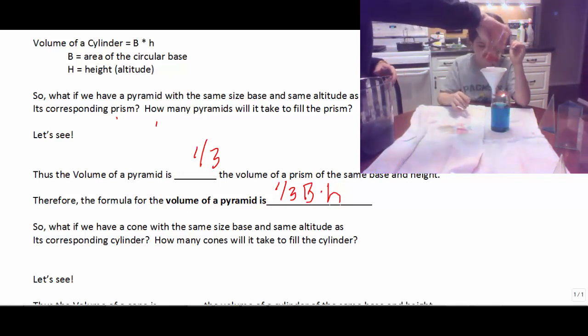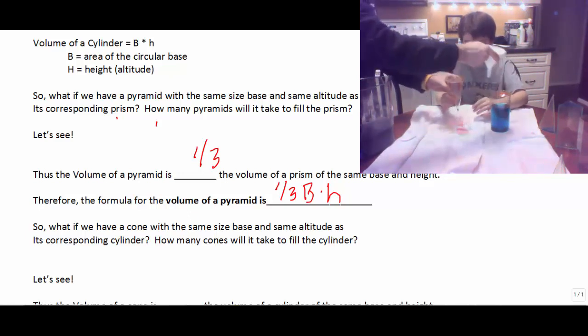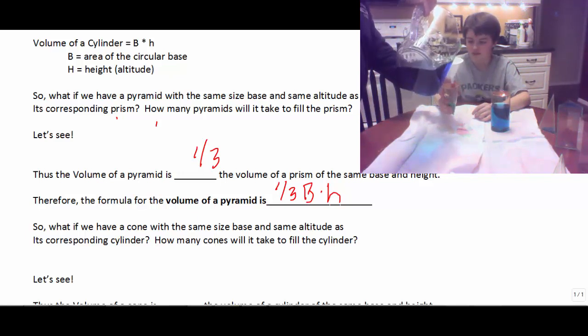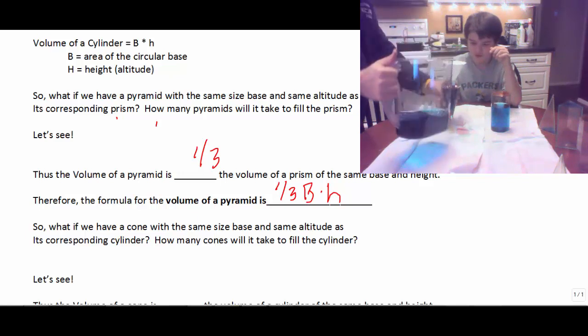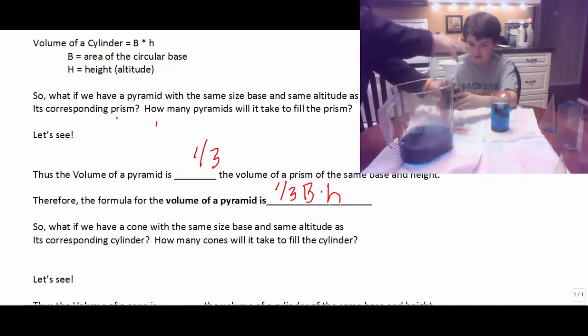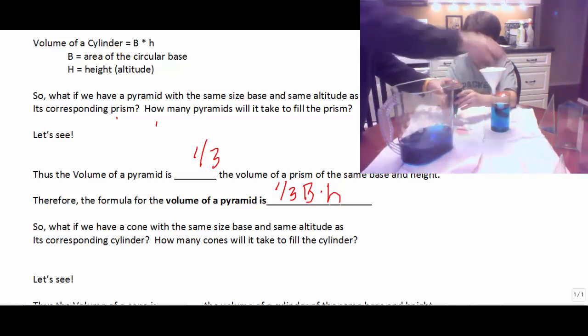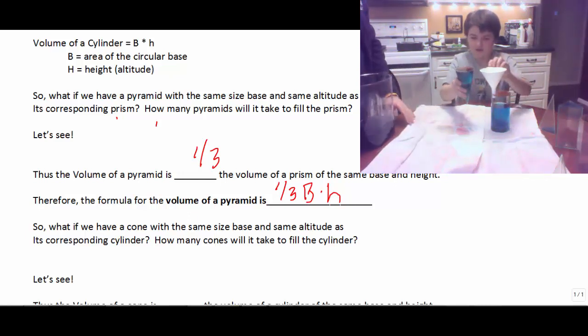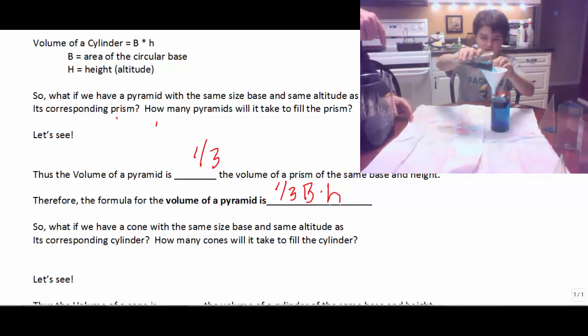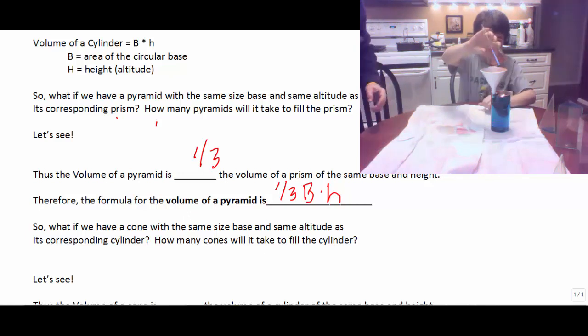2. 3. And 3. Close. And look at that. Exactly 3.